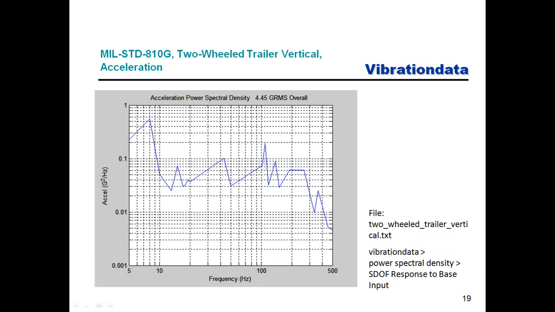Okay, here is a different sort of power spectral density, and it's called the Mil Standard 810G two-wheeled trailer vertical acceleration PSD. So imagine that we have a military vehicle. It could be a Humvee or a truck or a tank, whatever, some kind of a vehicle, and it is towing a two-wheeled trailer.